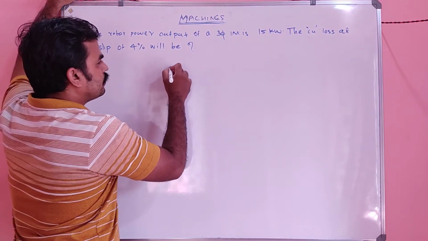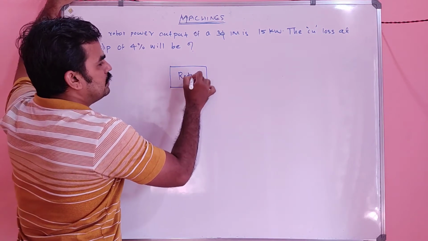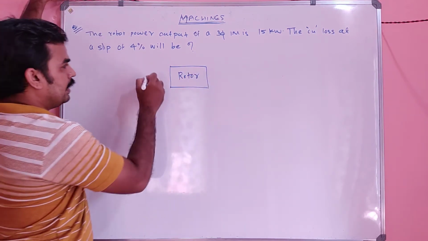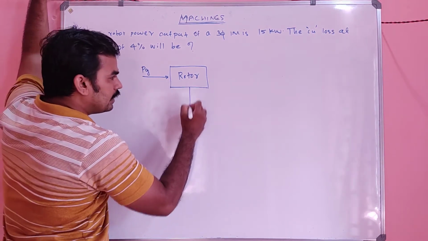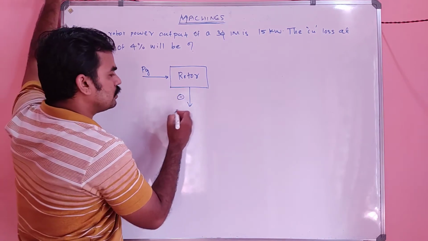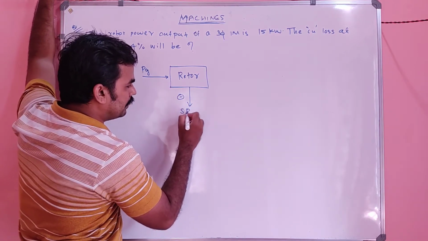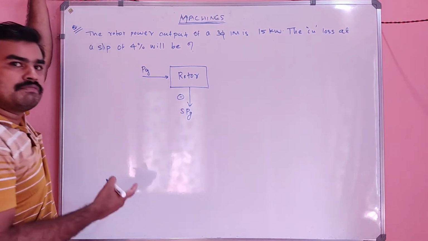So see, focus on the rotor. Okay, this is my rotor. Here the input power is nothing but the PG, and the rotor copper loss is subtracted. Rotor copper loss is nothing but S into PG. Is it correct? PG and S into PG will be the rotor copper loss.